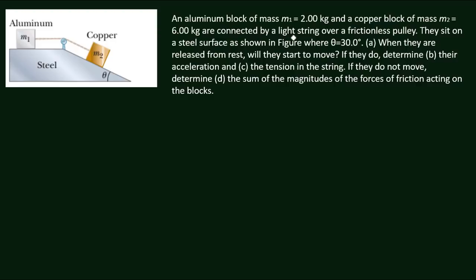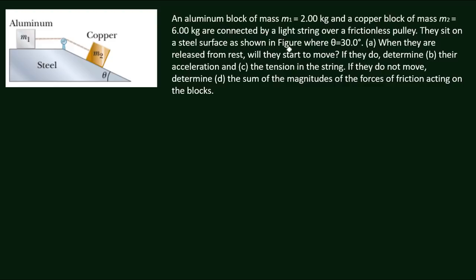Its importance is that now we know that we don't need to take into account the mass of the rope connecting the two. And over a frictionless pulley. That is also one important keyword. So we don't need to worry about any friction force on the pulley.